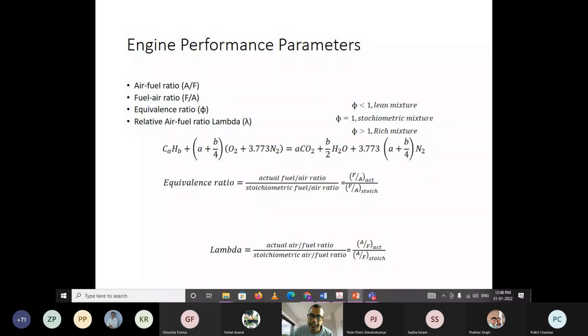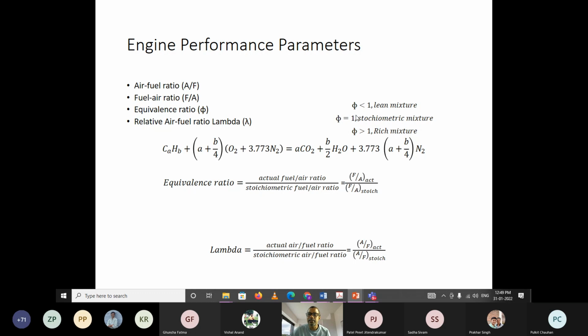If lambda is greater than 1, it is a lean mixture. If lambda is less than 1, it is a rich mixture. Similarly, you can analyze the equivalence ratio. If the equivalence ratio phi is 1, it is a stoichiometric mixture. If phi is greater than 1, it will be a rich mixture. If phi is less than 1, it is a lean mixture.